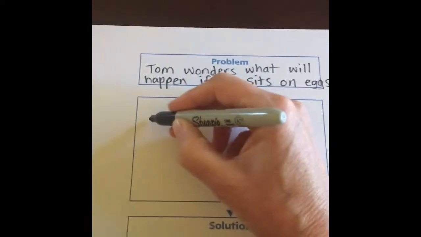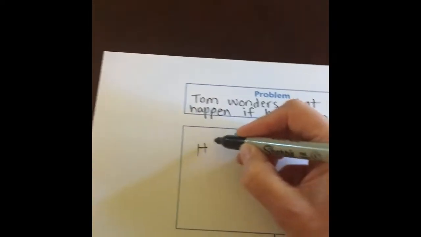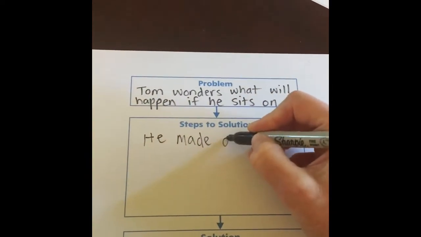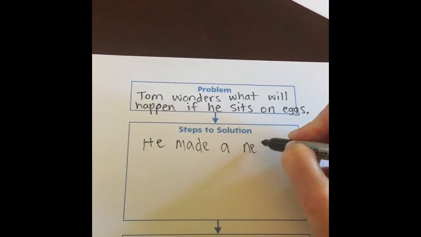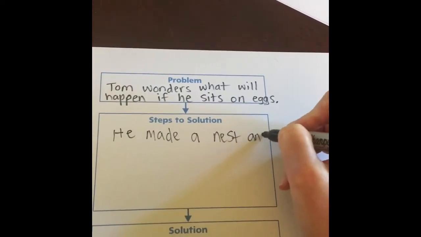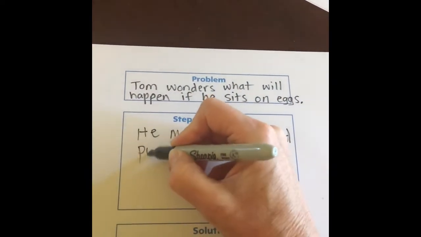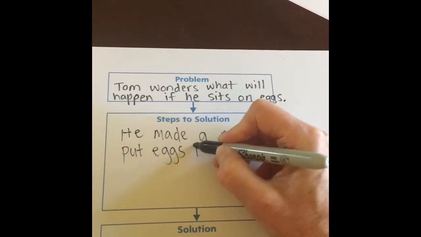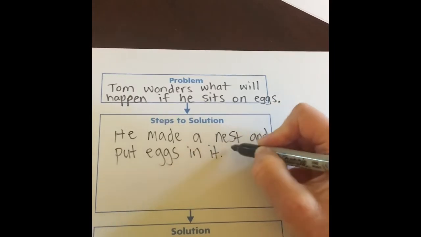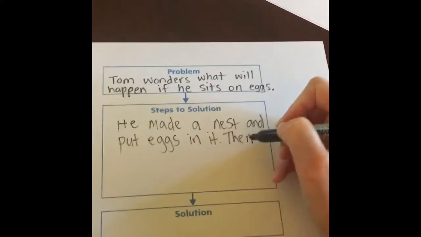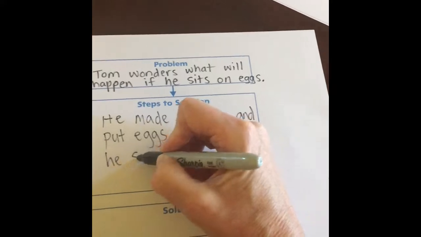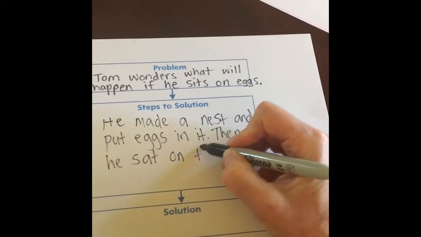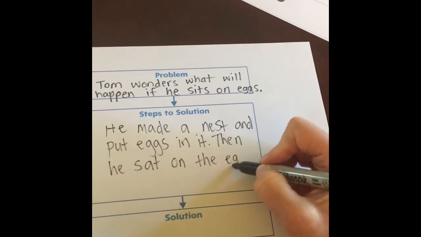So I'm going to write, he made a nest and put eggs in it. Then he sat on the eggs.